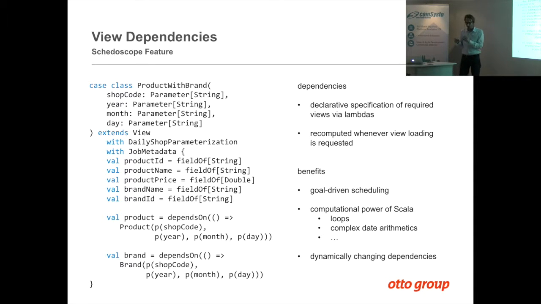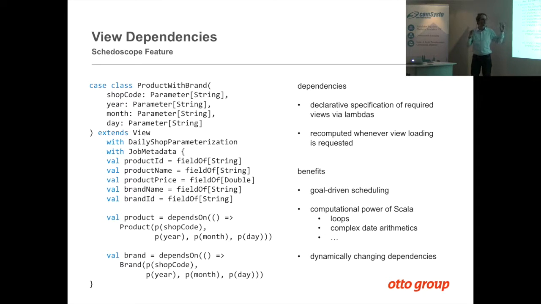Usually when you think about Oozie or any other workflow tool, you have to specify a whole DAG of jobs. You have to tell, right, this job depends on that one in some kind of XML file or so. And here you can use Scala's computational power to specify the views that this view actually depends on. So you might express some very complex dependencies.